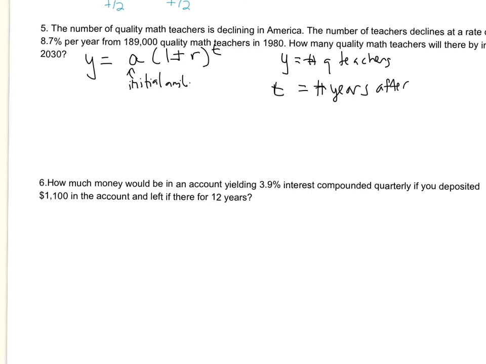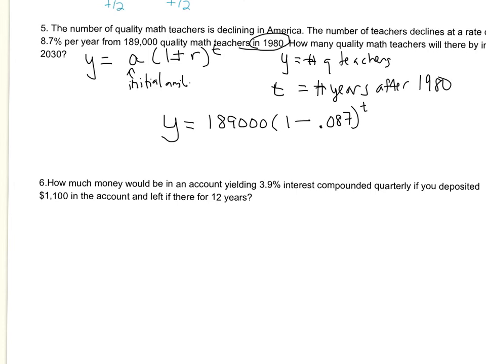Because everything in this problem is based on 1980, because you can see it starts in 1980. So our equation is going to be y equals A. A is how many we had at the beginning in 1980. That'd be 189,000 times 1 minus, because the rate is going down, 0.087 to the t.